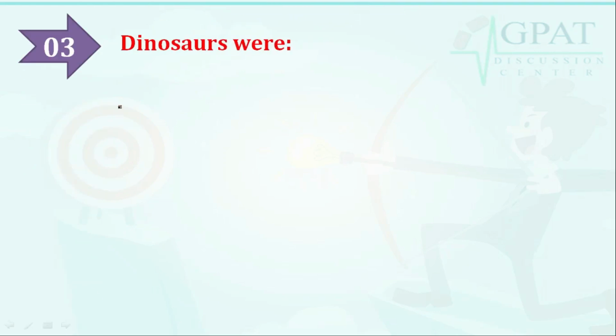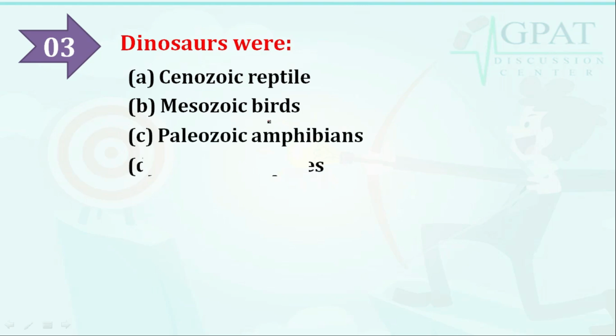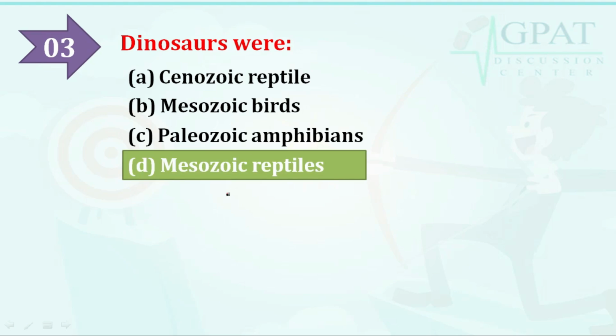The next question is, dinosaurs were: option A, Cenozoic reptiles; option B, Mesozoic birds; option C, Paleozoic amphibians; option D, Mesozoic reptiles. So dinosaurs were Mesozoic reptiles.